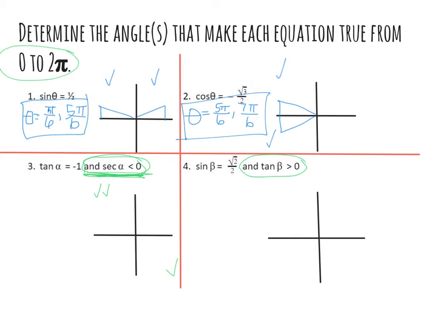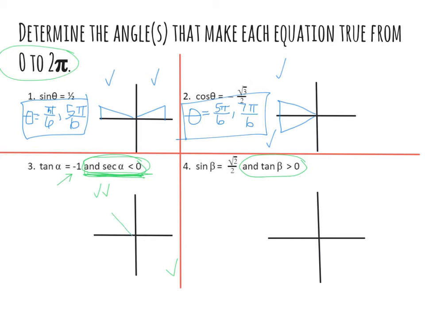What I need to think about next is what that triangle will look like. Tangent can be a little bit harder to think about since tangent is constructed with both sine and cosine. But if you've done enough unit circle practice, you should know that tangent producing either a positive or a negative 1 means that we're landing on one of the pi over 4 values, because the pi over 4s are the 45, 45, 90 triangles, where sine and cosine are the root 2 over 2s, whether they be positive or negative.